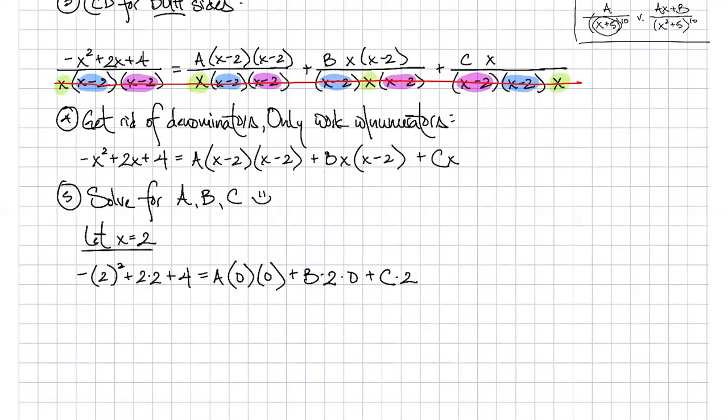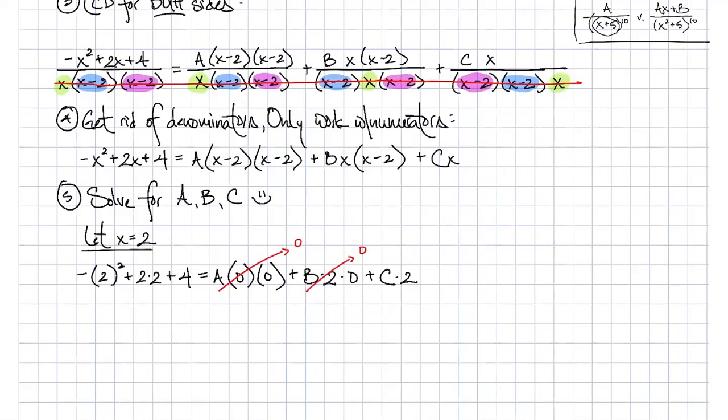Okay. Now the good news is when we choose the shortcut, like Christina suggested, a lot of things tend to go away. So this whole term with A is going to go to 0. And yeah, it's B times 2, but it's also B times 2 times 0. So this second term also goes to 0.